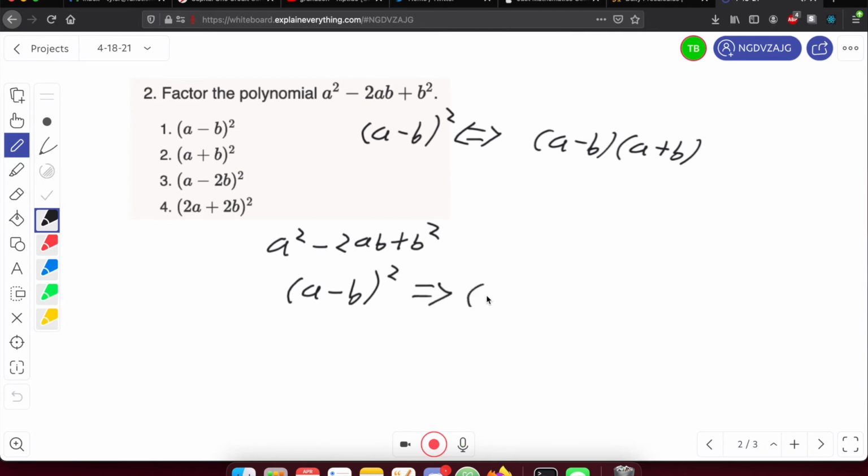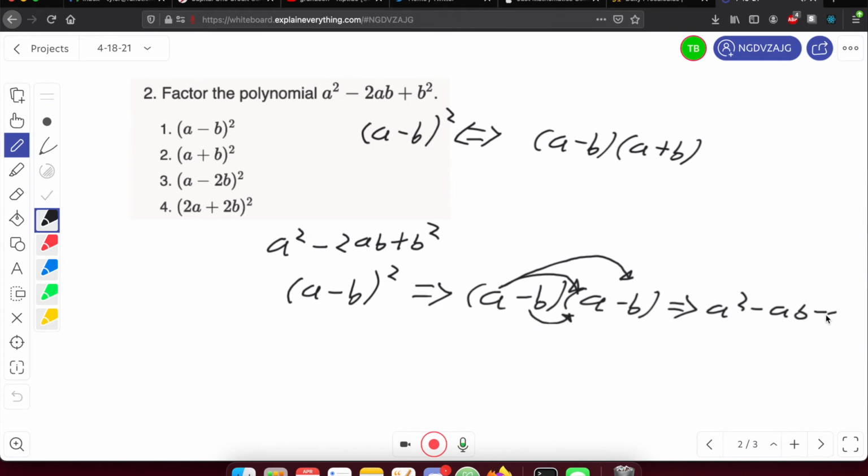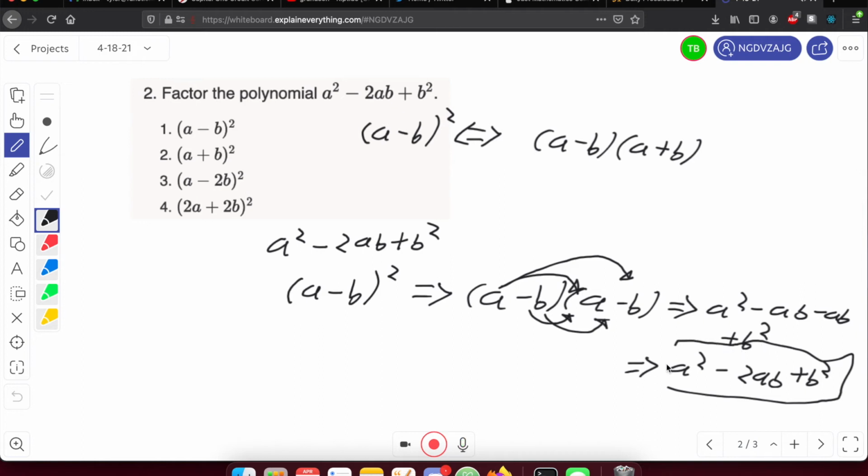We'll distribute it out: a minus b times a minus b, and we'll FOIL, and this would give us a squared minus ab minus ab plus b squared, which would give us a squared minus 2ab plus b squared, which is the value we are searching for.